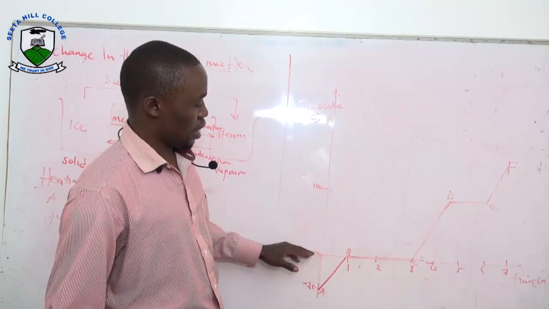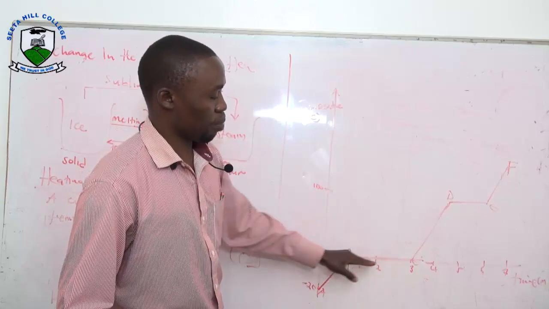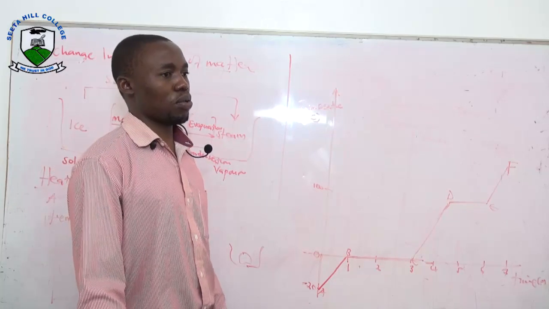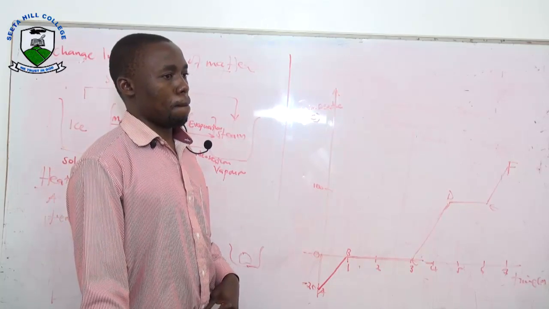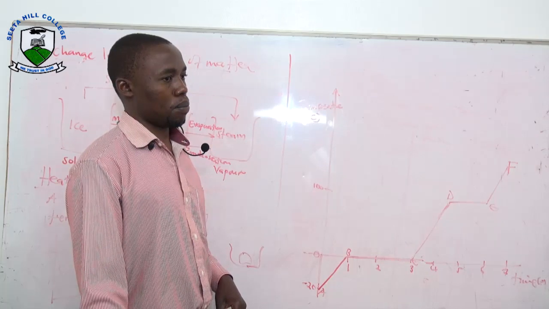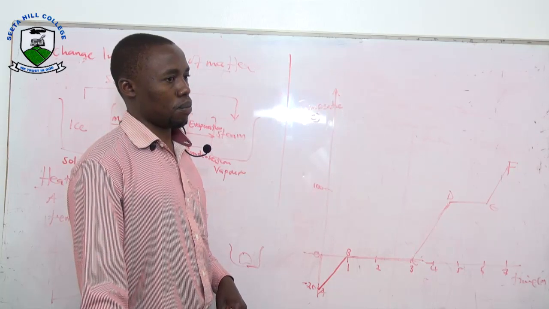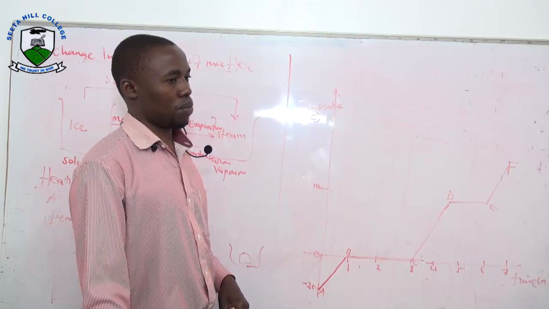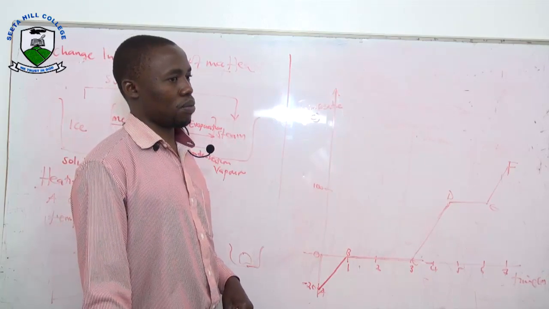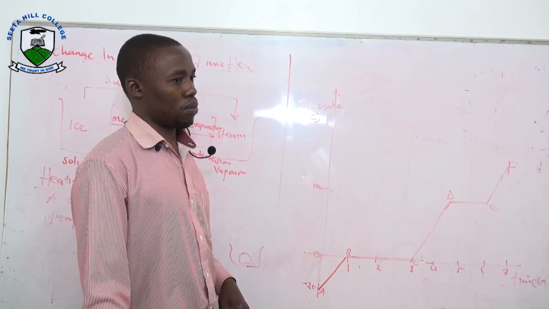Why does the temperature remain constant along BC? Yes, Aspolo? Because when it reaches 0 degrees Celsius, that is the melting point where now the ice will start to transform to the liquid. So during that point it will first take some time before changing from the solid to the liquid.